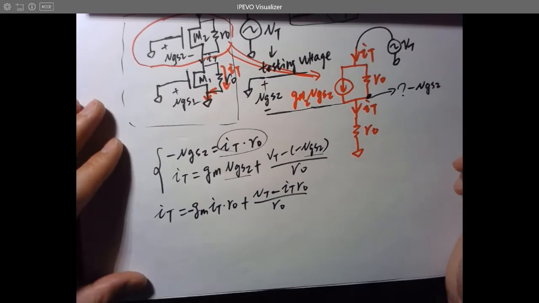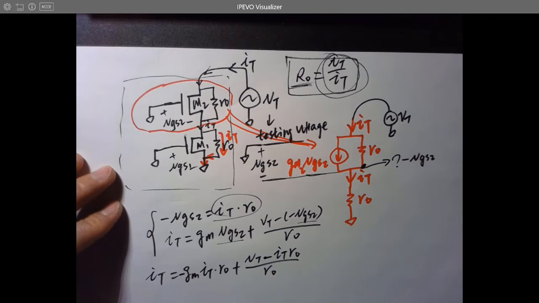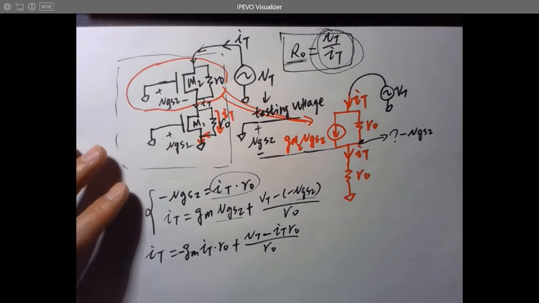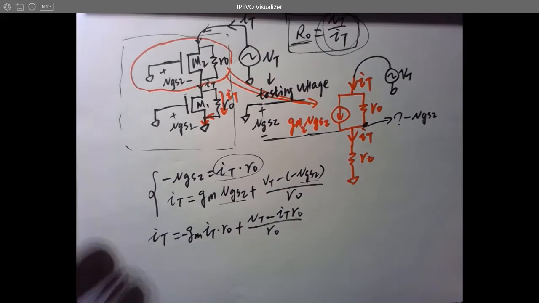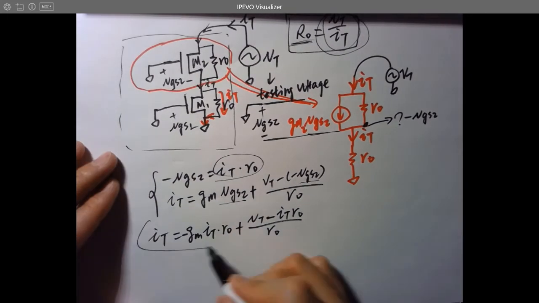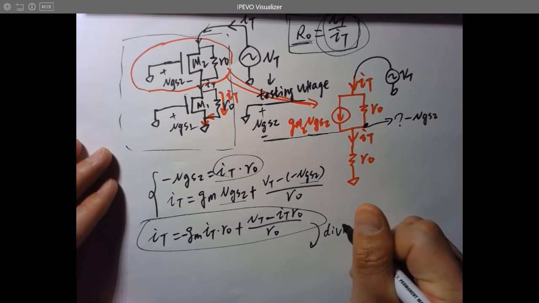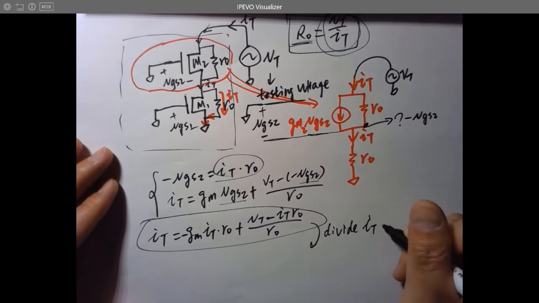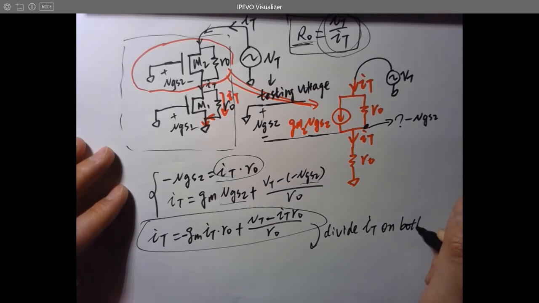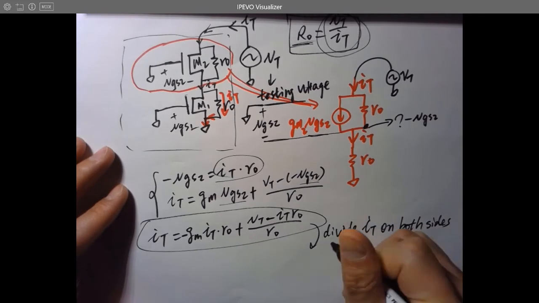Right? Because we want to get this one, we are not trying to calculate either VT or IT. Okay, so in that case, we don't care about the VT and IT. We have this equation. We can divide IT on both sides of the equation.